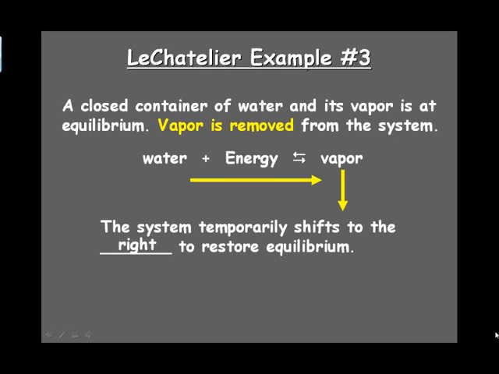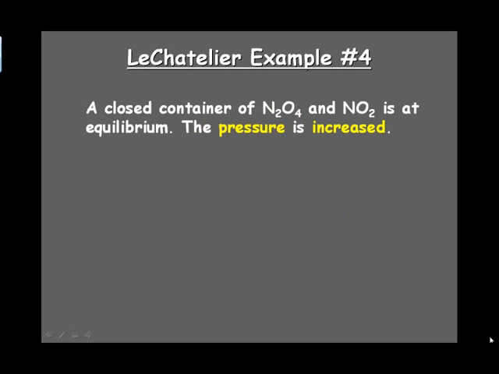So again, we can change energy, we can increase the concentration, we can decrease the concentration, and then finally the last change that can occur is a pressure change, and this is mainly with gaseous systems. If we had a closed container of N2O4 and NO2 and it's at equilibrium, and then we increase the pressure, anytime you have an increase in pressure, that indicates that you have decreased the volume.